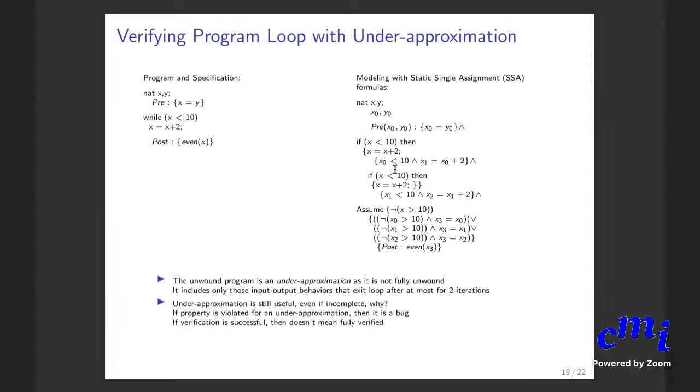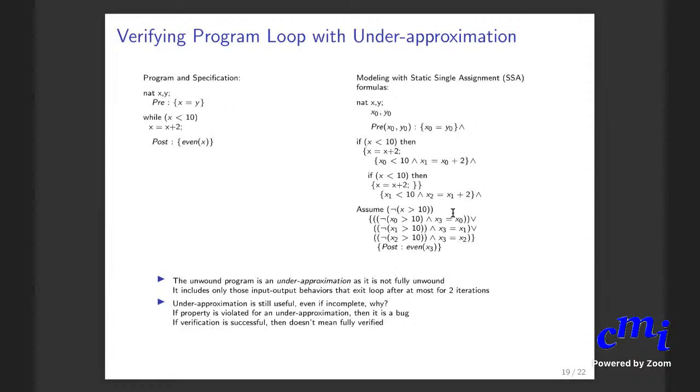So is x equal to 9 and x equal to 7? For those two, if y initially was 7, that is x also, since we assume x is equal to y. For 7 and 9 also, those are instances for which this under approximation would fail the property.